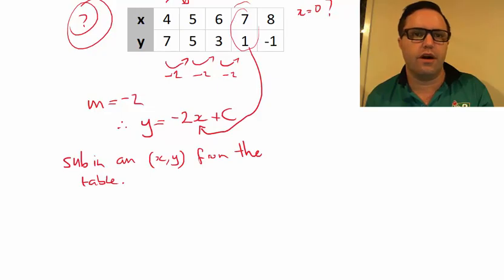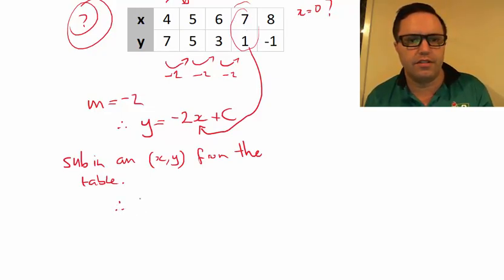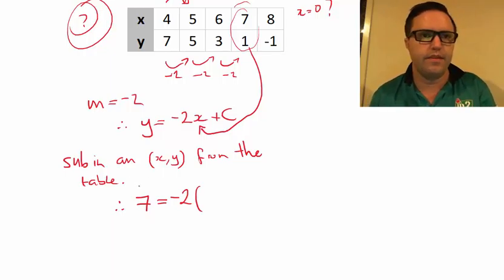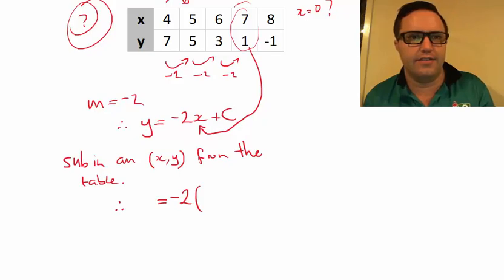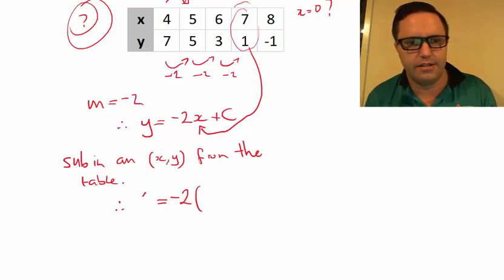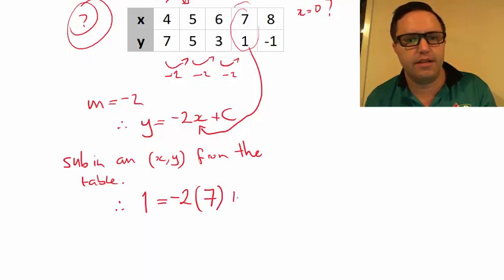Okay, so we've got a y value of 1, an x value of 7. So therefore 1, that's our y value, equals negative 2 times our x value. Our x value is 7, our y value though is 1. Negative 2 times 7, plus c.